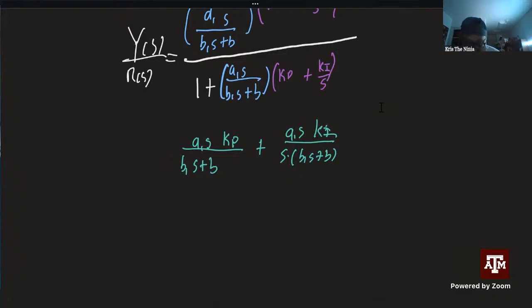So we multiply the top by B1 s plus B. We multiply this side by s over s.